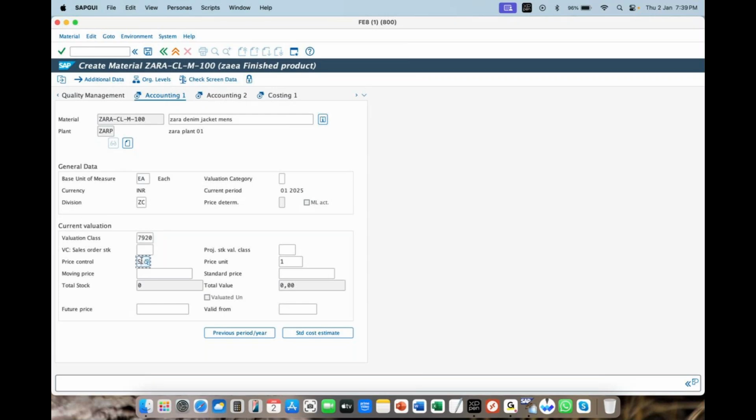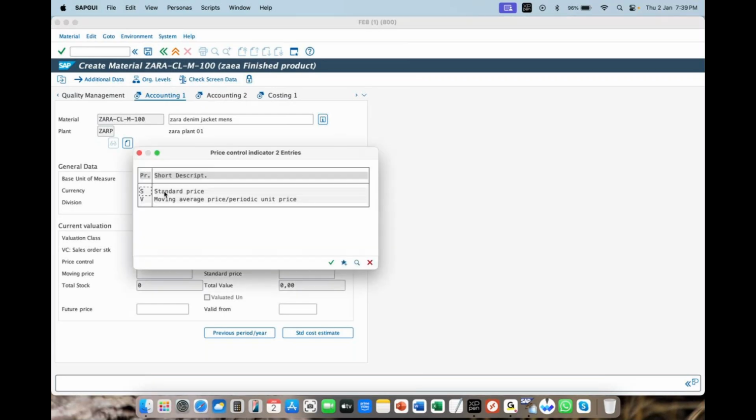And here price control is coming by default as standard price, because if you all remember, in the previous session when I was customizing the material type, I maintained the yes as must, so it comes automatically here. Why don't we work on moving average price? That is all about cost at the inventory level.